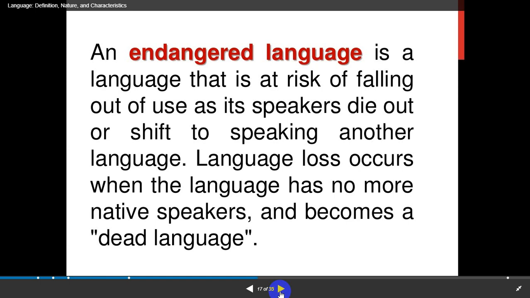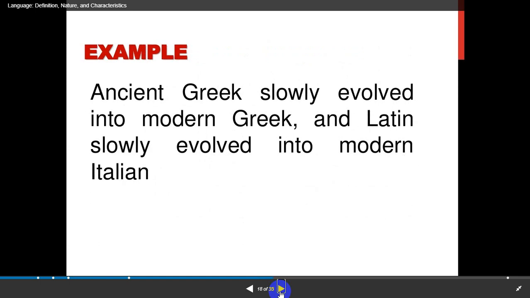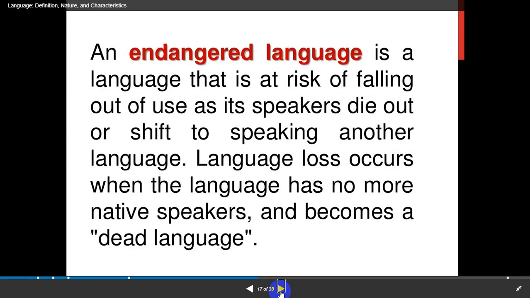So we also have endangered languages, not only endangered animals. Example, ancient Greek slowly evolved into modern Greek, and Latin slowly evolved into modern Italian. So these languages we call endangered languages.